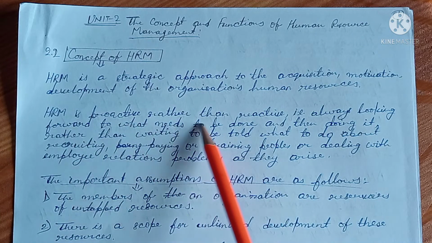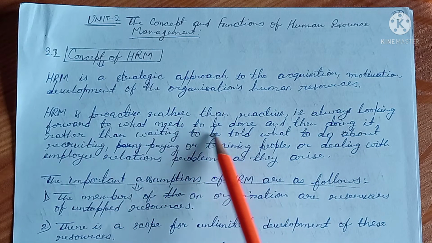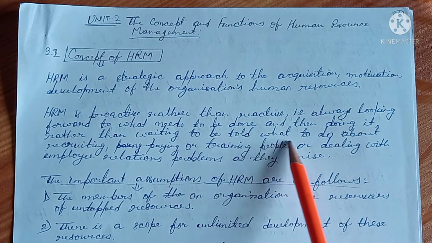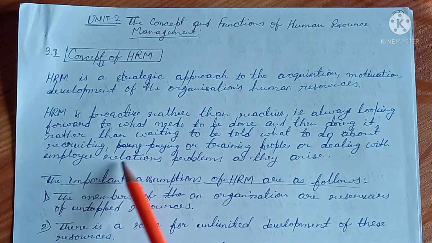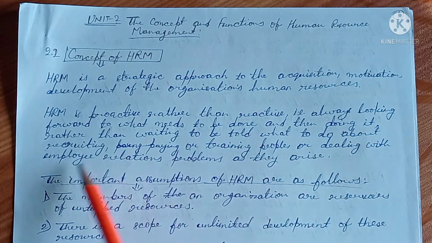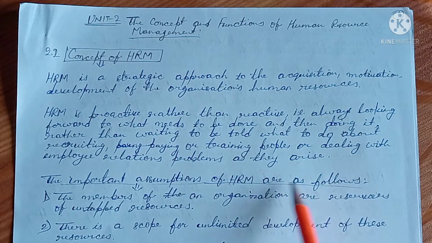HRM is proactive rather than reactive, that is, always looking forward to what needs to be done and then doing it, rather than waiting to be told what to do about recruiting, paying or training people, or dealing with employee relations problems as they arise. Okay, so human resource management is proactive.